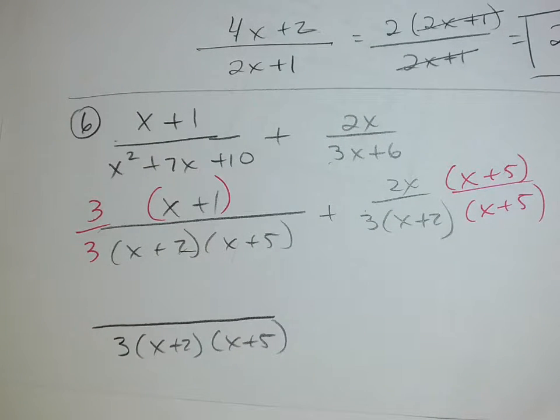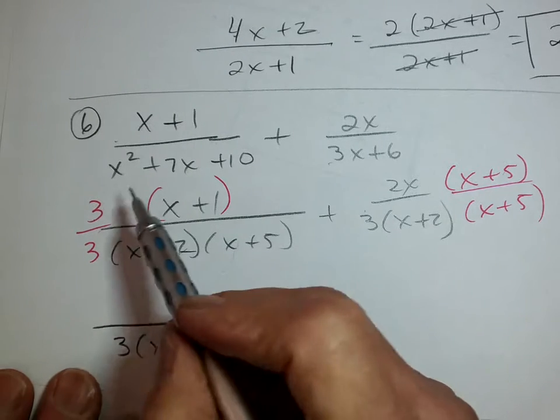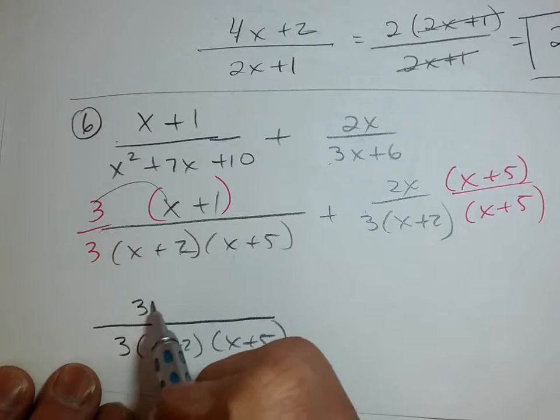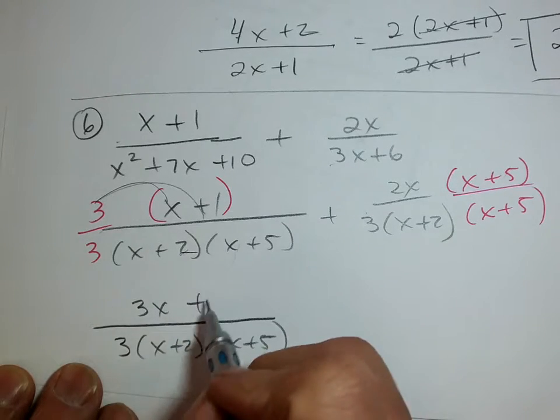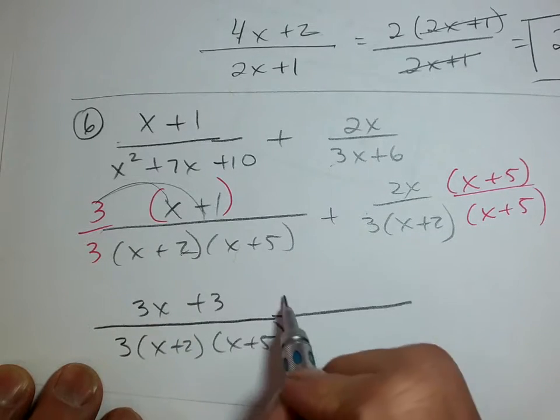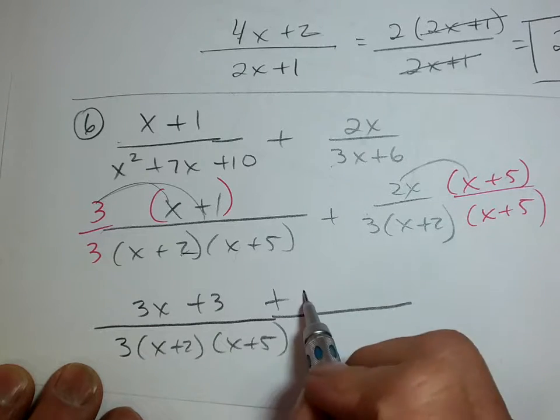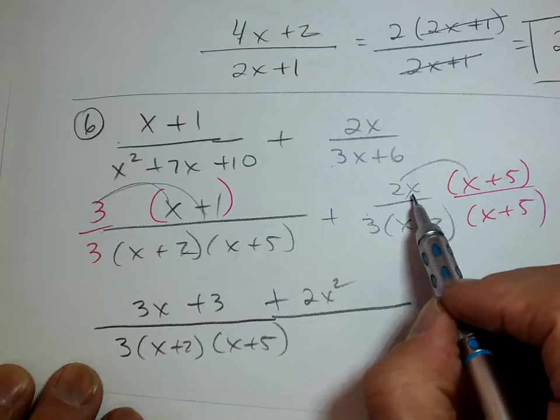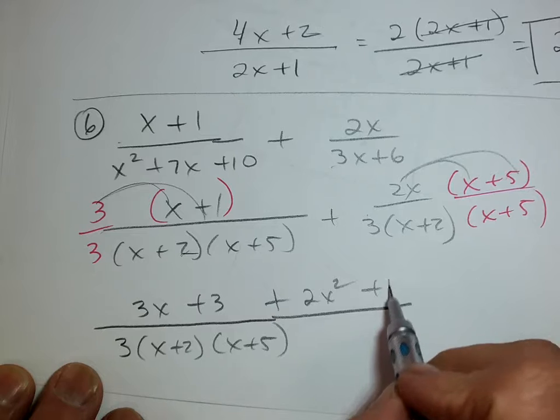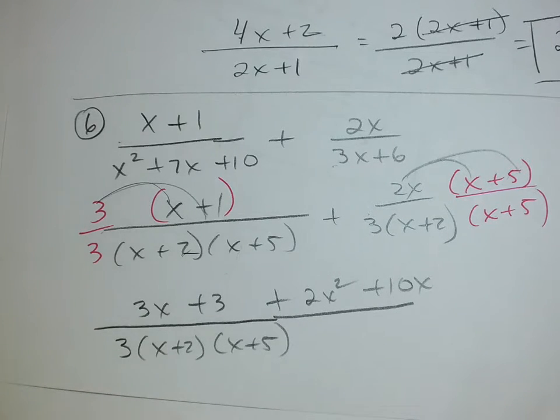Now my numerator, we're going to have to simplify. We're going to have to tidy it up. I'm going to distribute 3 times x, 3x, 3 times 1, plus 2x squared plus 10x. Okay. Now I'm almost done. The last thing I'd like to do is just tidy it up a little bit.